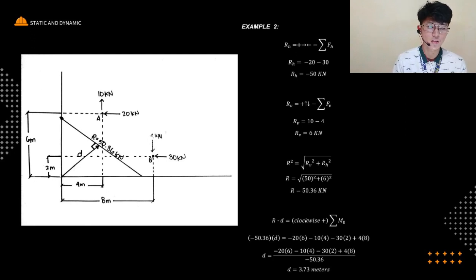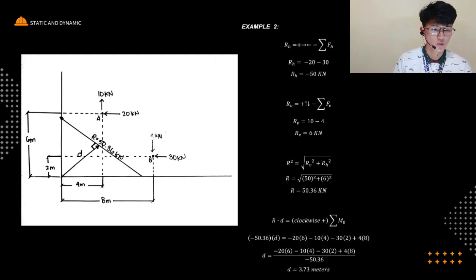Next naman is kukunin natin yung RV or yung vertical resultant. So using the formula, RV equals the summation of force B, positive if papunta sa taas and negative pag downward.